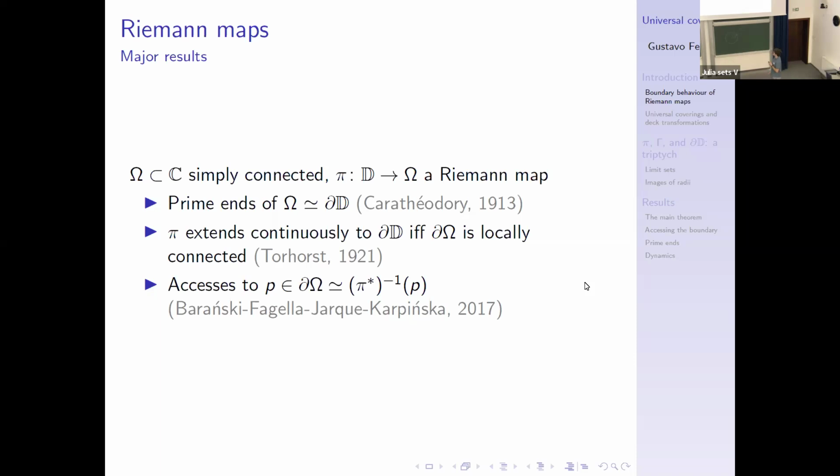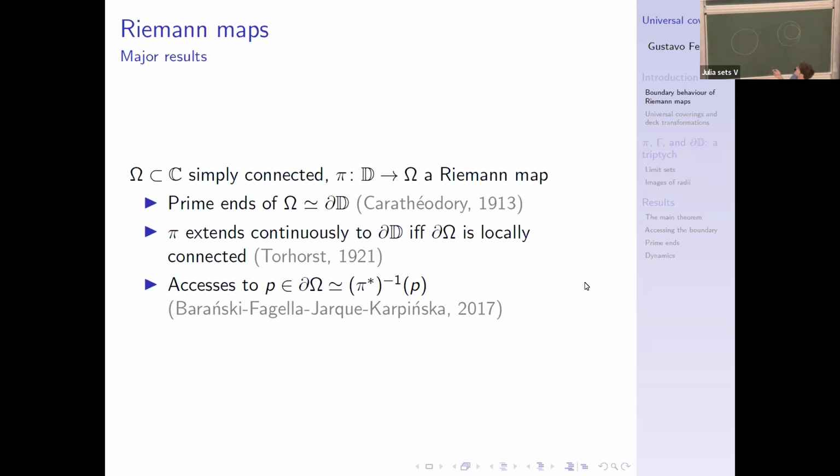And finally, something else that we can say about the Riemann maps is that the accesses to a point on the boundary, which are basically homotopy classes of curves going to this boundary point, right? So for instance, if I were to take a domain that looks like this, if this is my domain, then this here is one access because this defines one homotopy class of curves landing at this point. And this is going to be a different access, right? Because it's a different homotopy class.